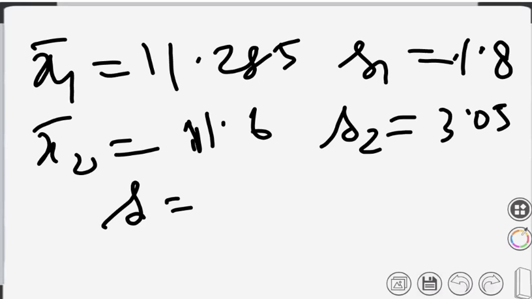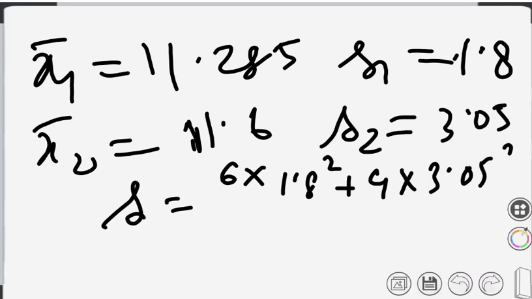So use the formula: S is 6 into S1 square, that means 1.8 square, plus 4 into 3.05 square, divided by 10, isn't it?